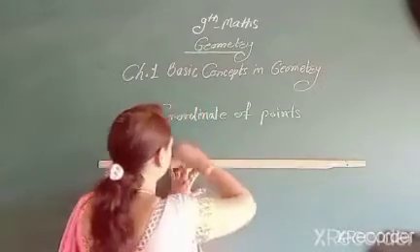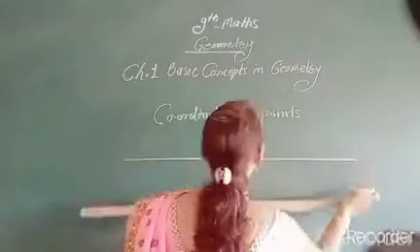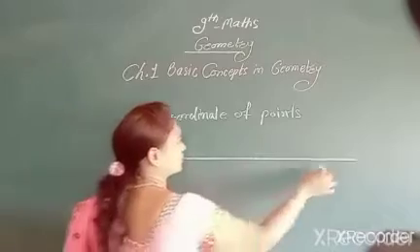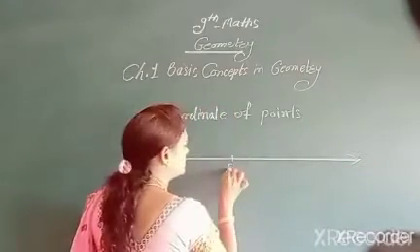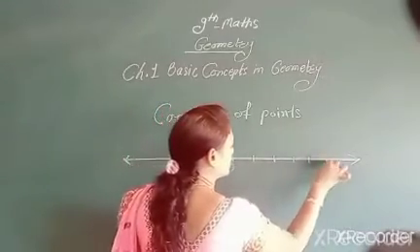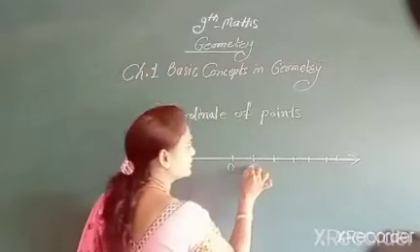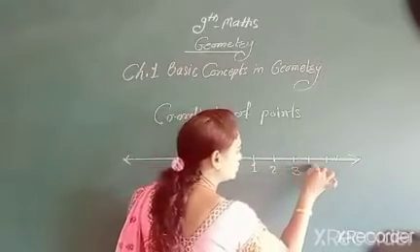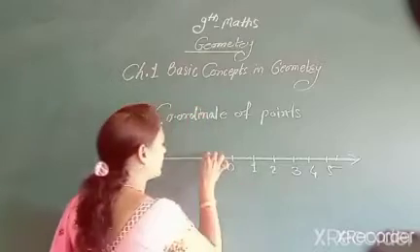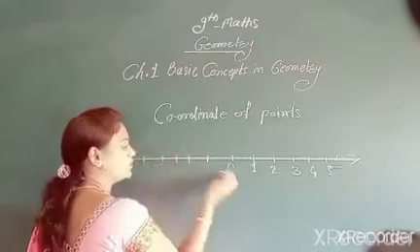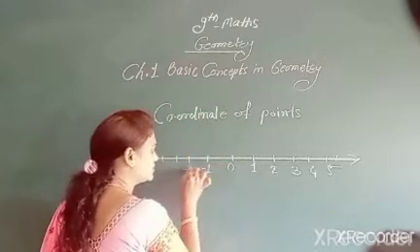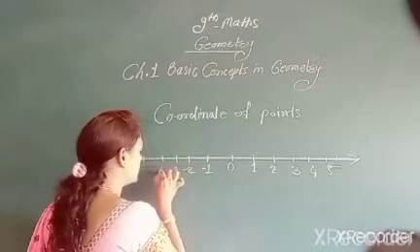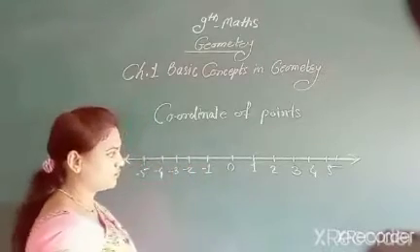Here is 0. To the right of 0 there are the positive numbers 1, 2, 3, 4, 5, and to the left of 0 there are the negative numbers -1, -2, -3, -4, -5.